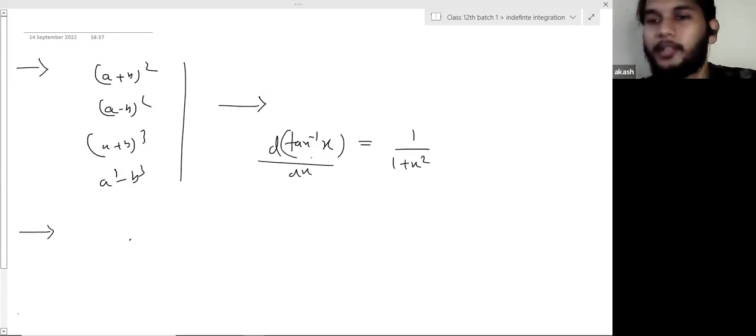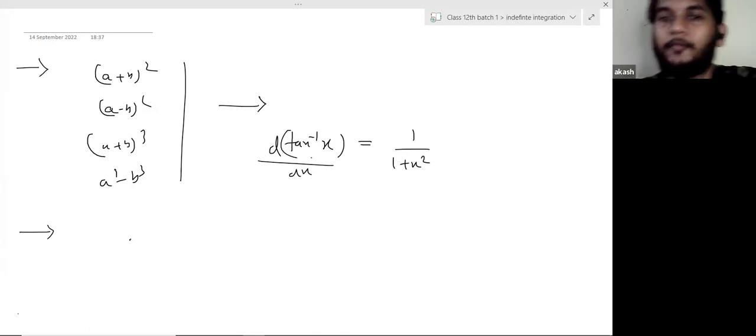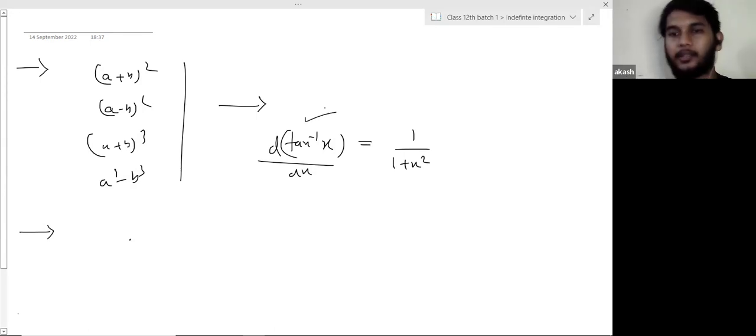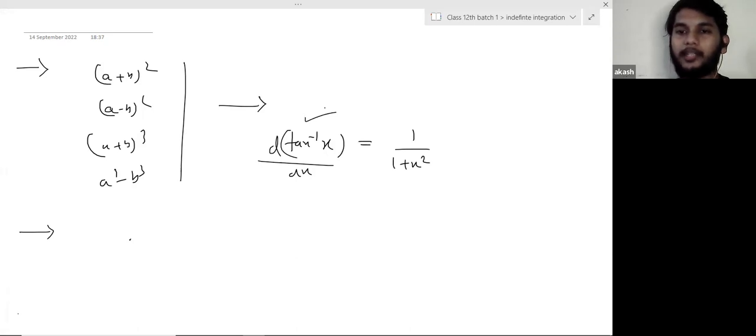See, this is the problem why integration is difficult for most students. This is a direct formula. If you are not able to even differentiate things, then you will not be able to integrate anything. Take my word for this. You have to solve as many questions of differentiation to be good at integration.